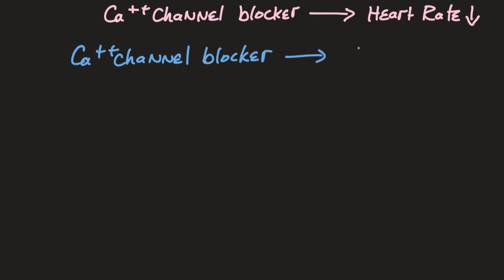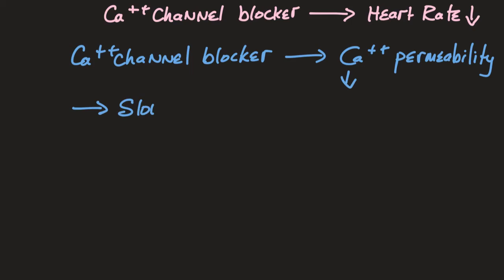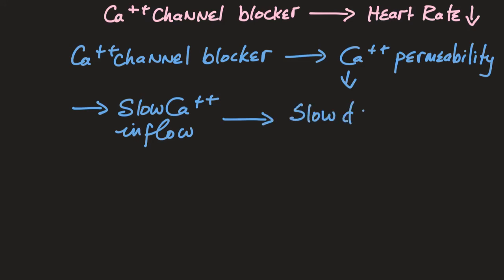Calcium channel blockers lower the permeability of calcium. So the calcium permeability decreases. We see the down arrow for decrease. This causes calcium inflow to slow down. The slow calcium inflow causes the depolarization to slow down as well.